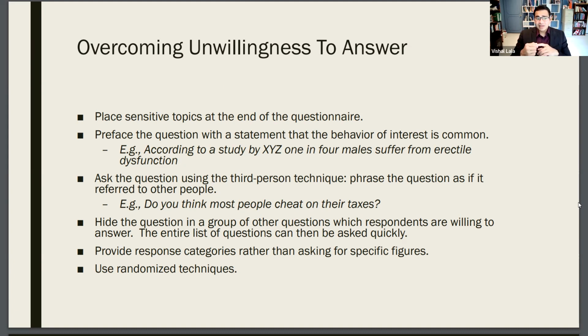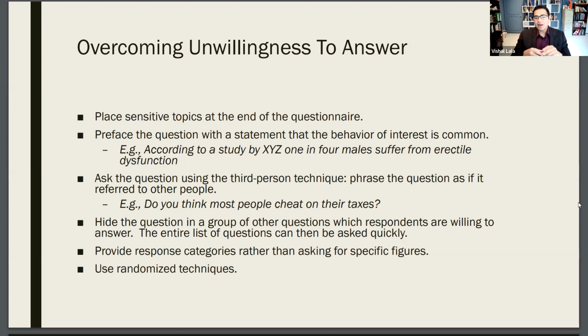Using the third person technique is another fantastic way to get information from people. Asking people if they cheat on their taxes is invasive and is going to make people defensive. On the other hand, if you pose a question in a third person form, like, do you think most people cheat on their taxes?